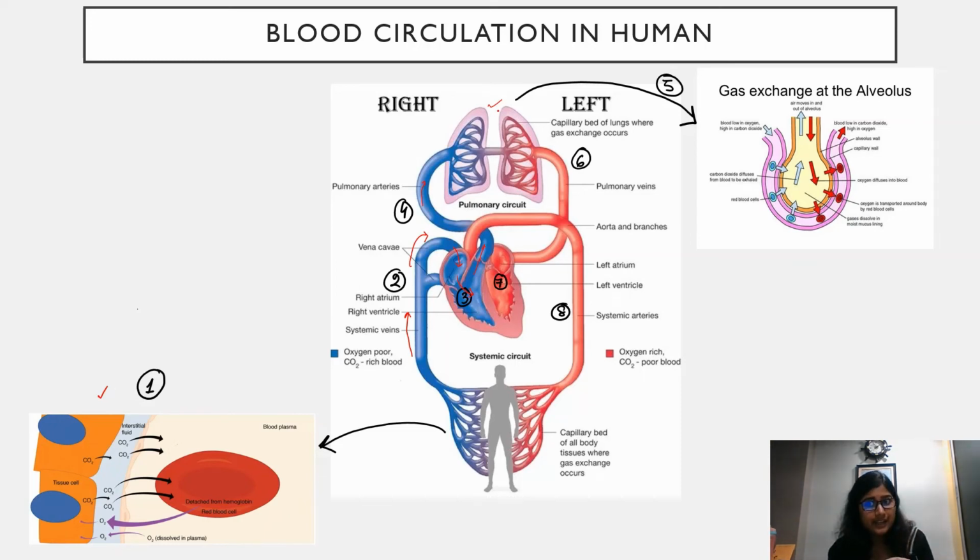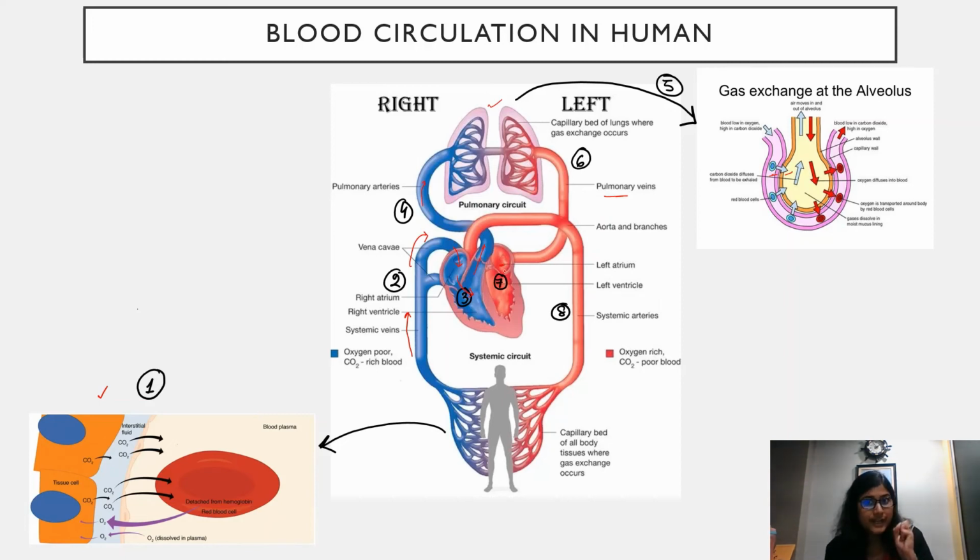In the lungs, a second gaseous exchange takes place. The carbon dioxide is removed from the blood to the lung and removed outside of the body. And the oxygen gets into the blood. And this oxygenated blood travels via the pulmonary vein and comes to the left atrium.